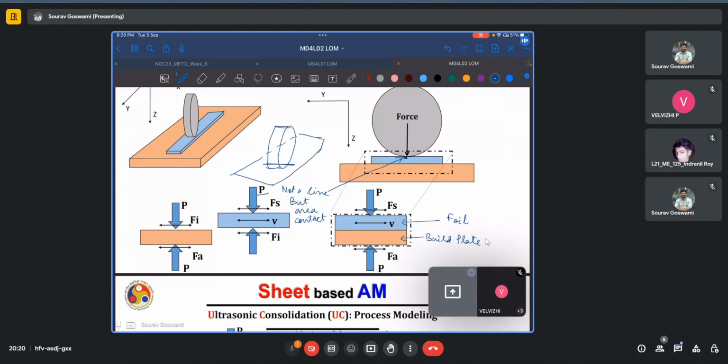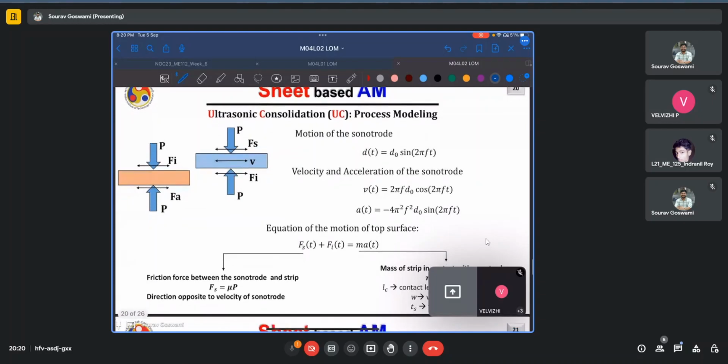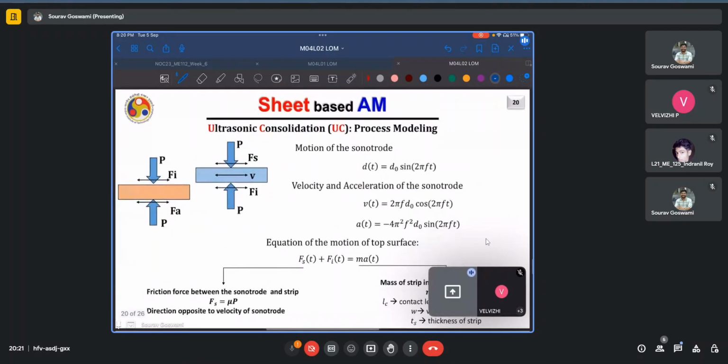Similarly, for the build plate itself, there is the normal pressure or the normal force acting from the anvil. There is this anvil force and there is this interface force. And since this is an oscillation, we can model it by some simple harmonic function.